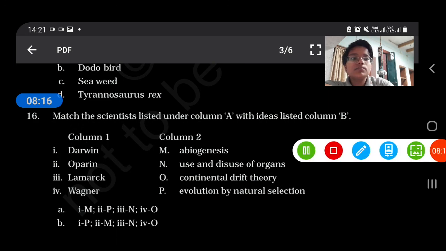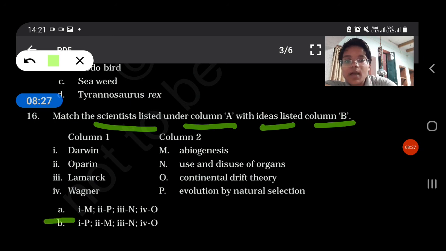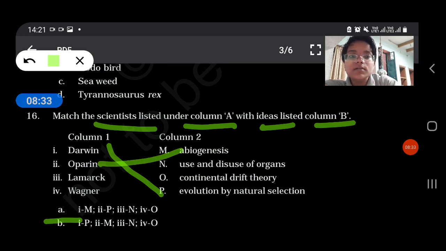Match the scientists listed under column A and ideas listed in column B. The answer would be B, that is 1-P, 2-M, 3-N and 4-O.